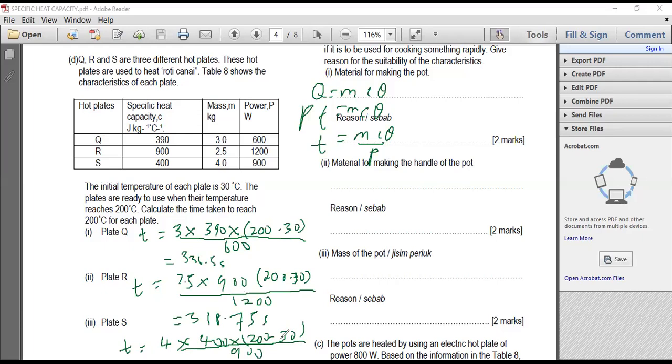So 4 times 400 times 170 divided by 900. You get 302.